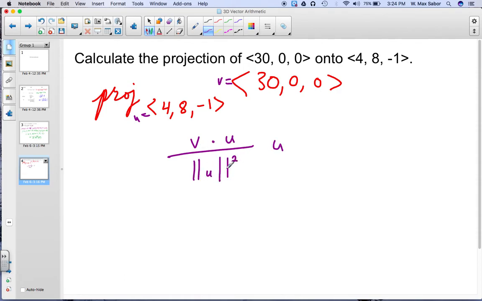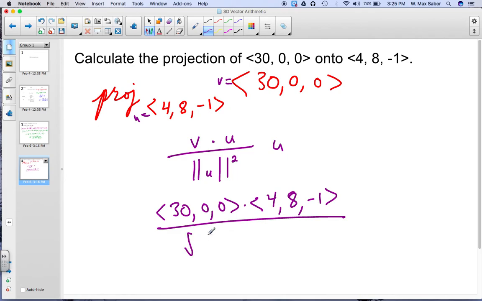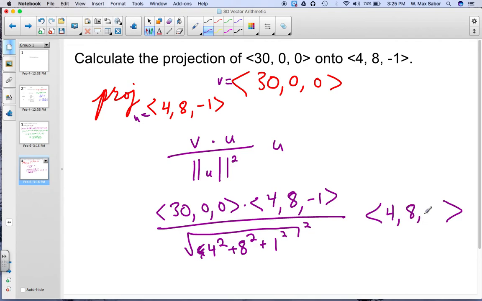times u. V dot u is 30, 0, 0, dotted with 4, 8, negative 1. This is u dotted with itself, or the magnitude squared. So that would be 4 squared plus 8 squared plus 1 squared. And then at the end, we're going to multiply by 4, 8, and negative 1.